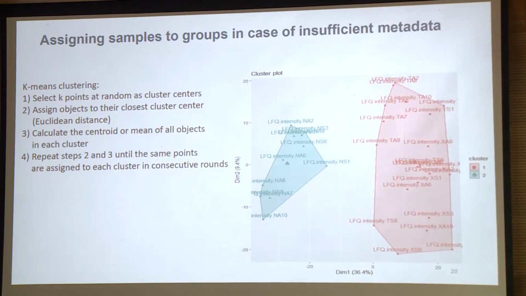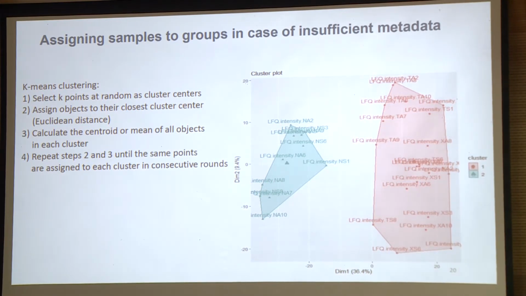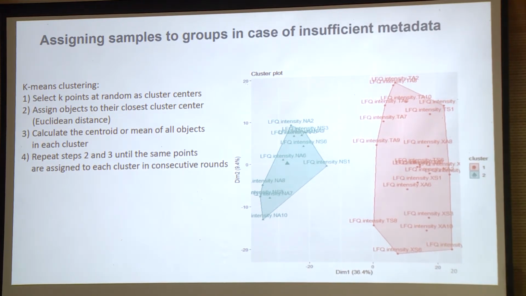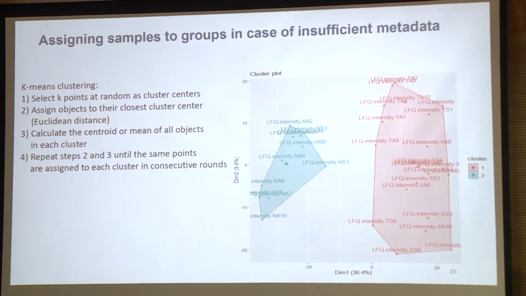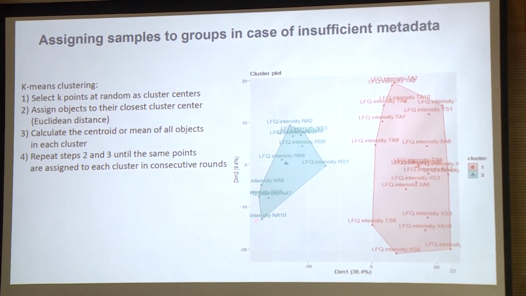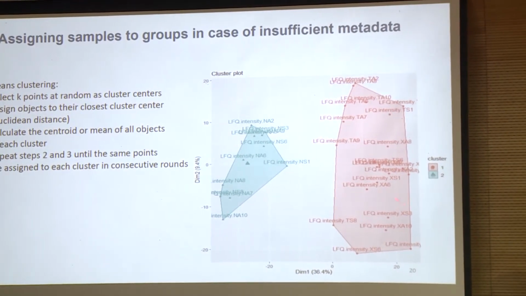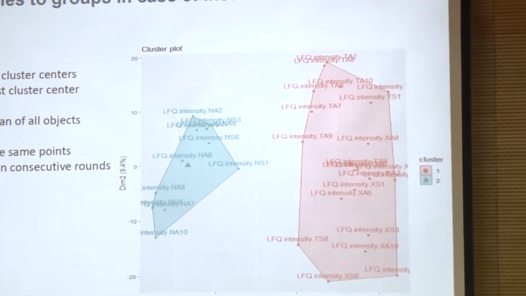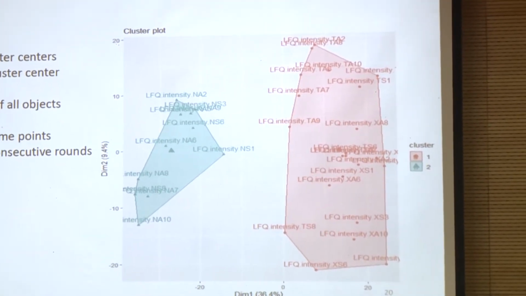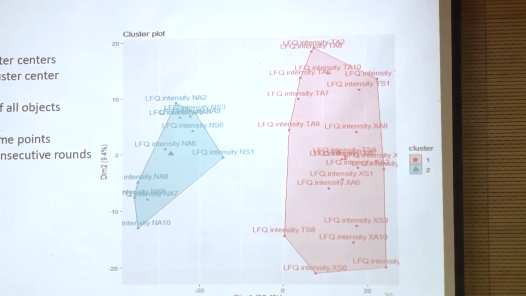And then, once you took out the outliers, the workflow will try to find clusters. If you don't know how many clusters you have, it will still try to arrange all the samples that you have into clusters. So here, in this case, we know that there are 3 different things: 1 control and 2 treatments. But the workflow tells us that there are 2 groups, and that's why what you see in red will include more samples.